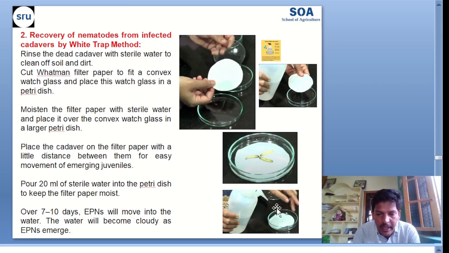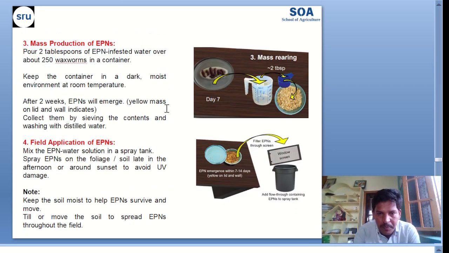Now, we can use this cloudy, entomopathogenic nematode infected water for the mass multiplication of the entomopathogenic nematode. See in the next slide, mass production of entomopathogenic nematodes. Pour 2 tablespoons of EPN infested water over 250 waxworm larvae in the container.